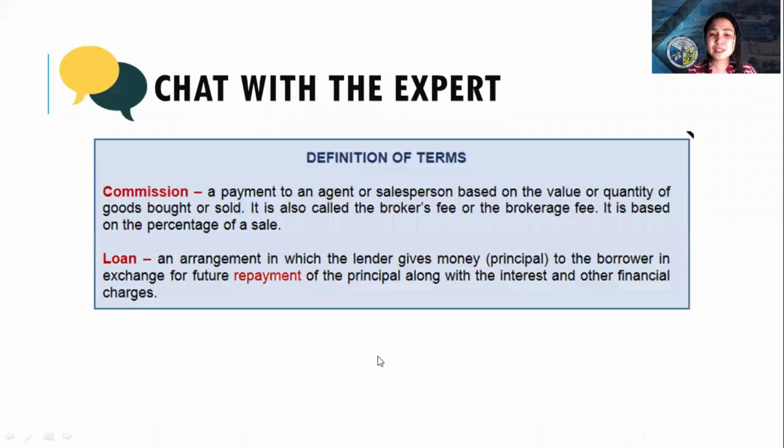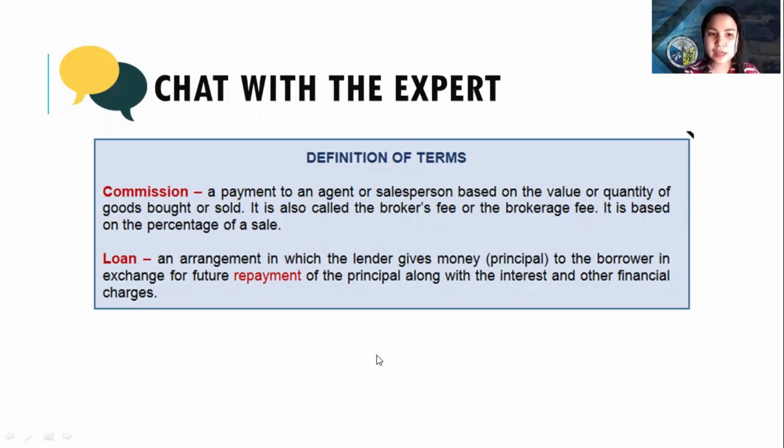Now, let us first define some terms today. The first is commission. A commission is a payment to an agent or salesperson based on the value or quantity of goods bought or sold. For example, let me use this in layman's terms. You are selling puto at 5 pesos per piece.